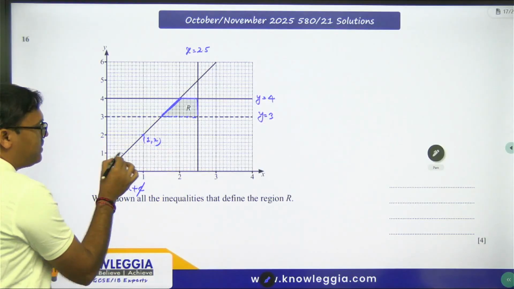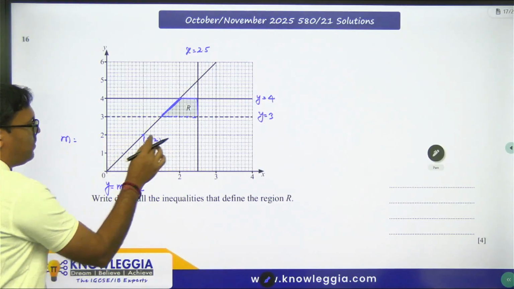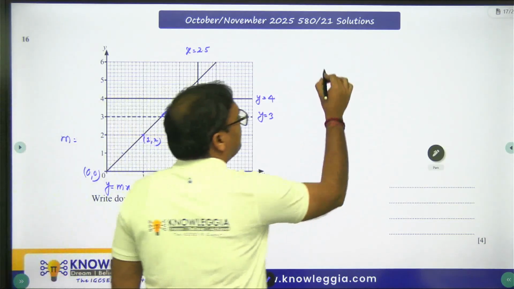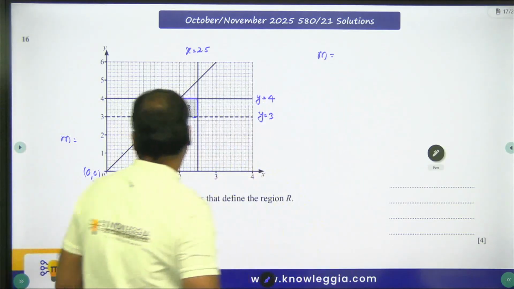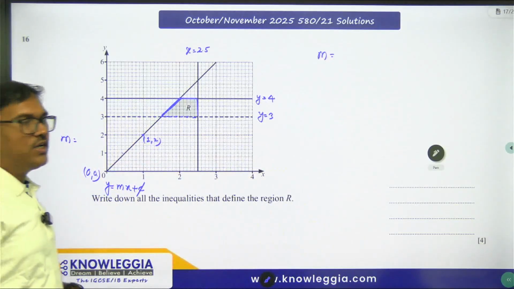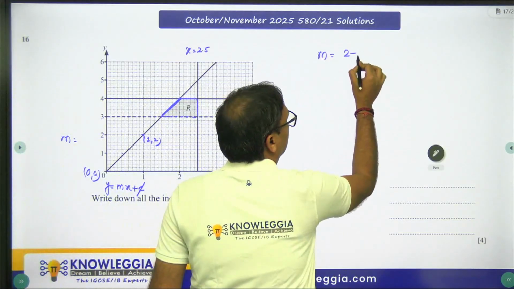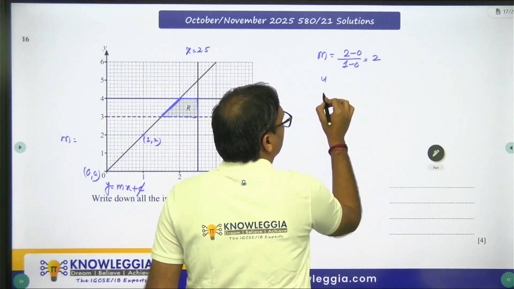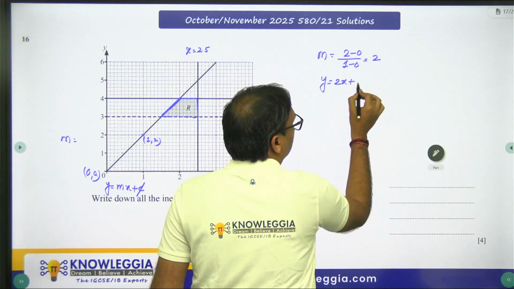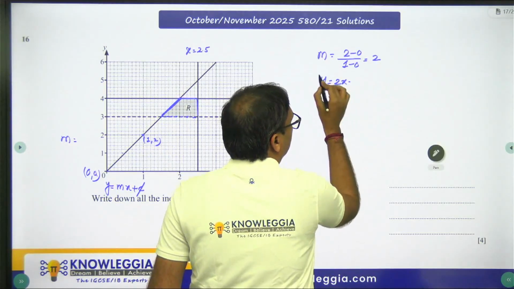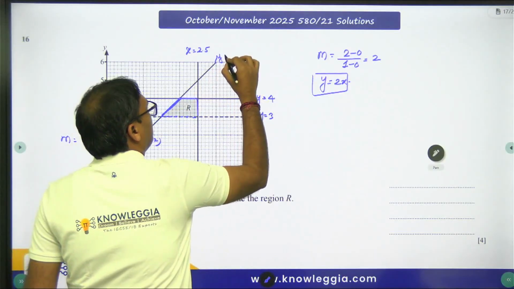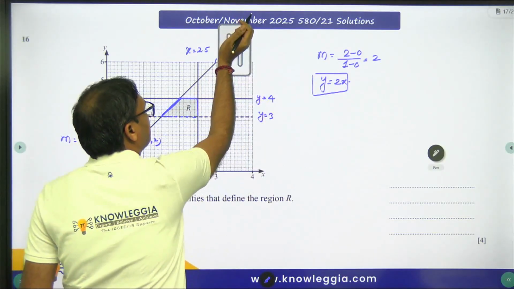The gradient is y2 minus y1 upon x2 minus x1, with the origin 0 comma 0, which is 2 minus 0 upon 1 minus 0, equal to 2. So the equation of the line is y equal to 2x plus c. c is 0. So the equation of this line is y equal to 2x. I hope the lines are clear.